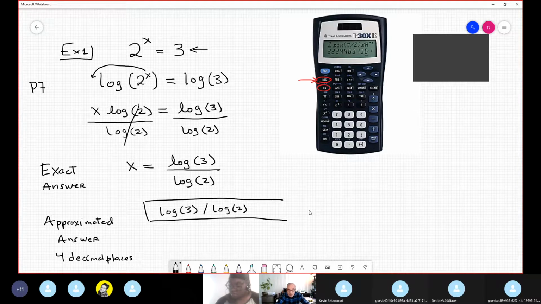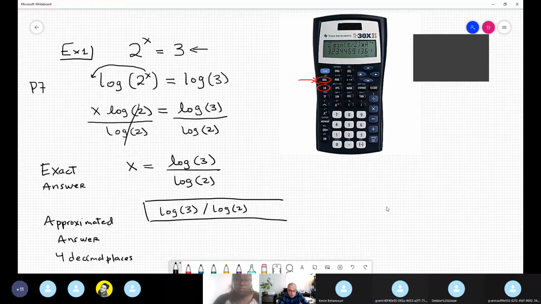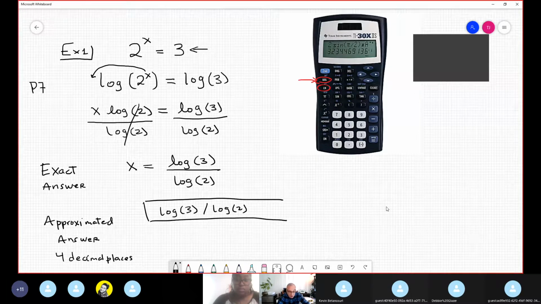Type in the answer you get in your calculator. Okay, I want to see the chat. 1.5849. No need to chat, that means the answer is 1.5849.